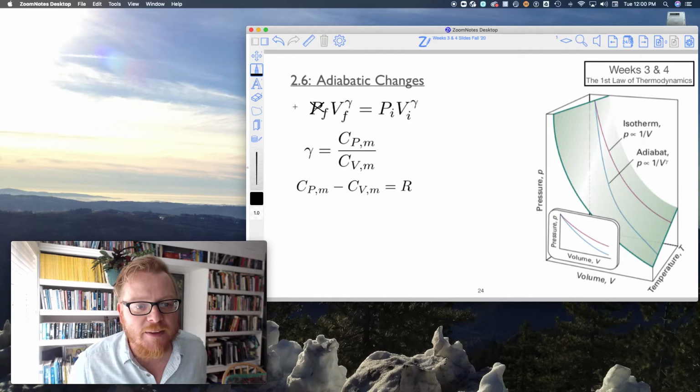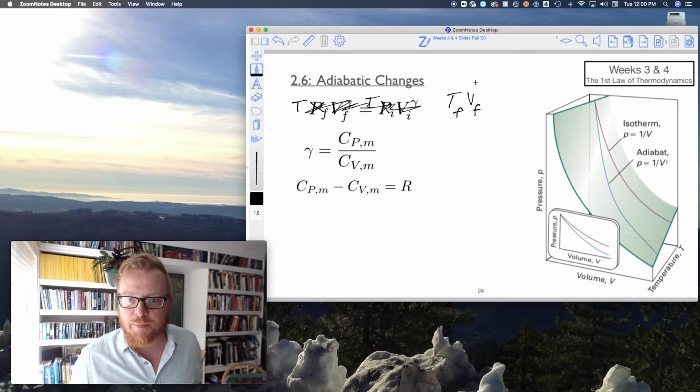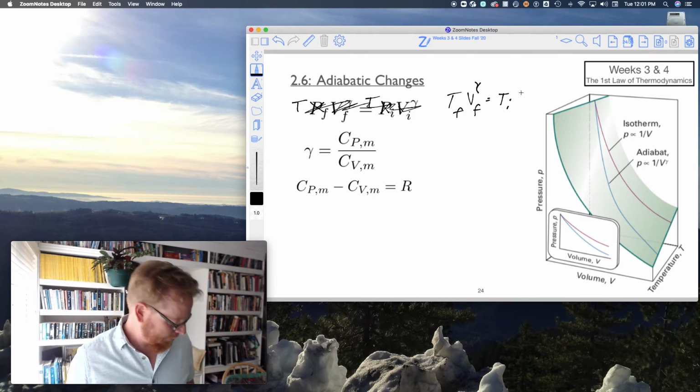Sorry about that. That should be T, and that should be T. So let's rewrite that. So that should be T final times V final, and I'm going to put a new exponent in there that we're going to talk about now, equals Ti.